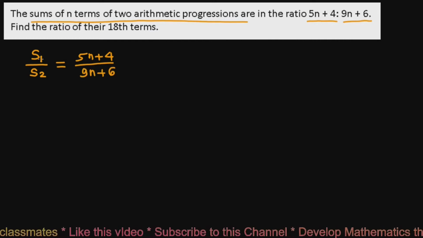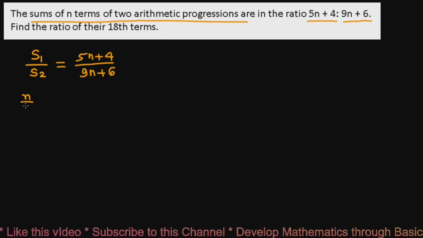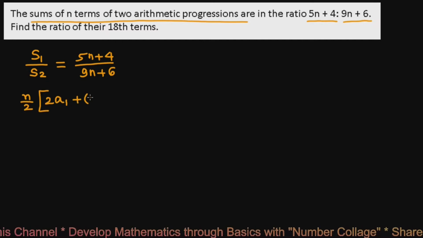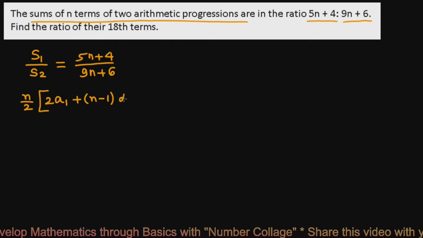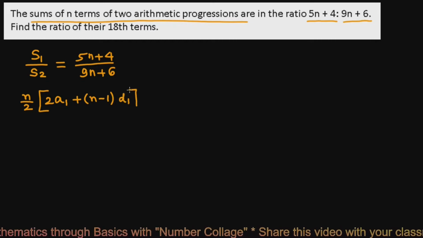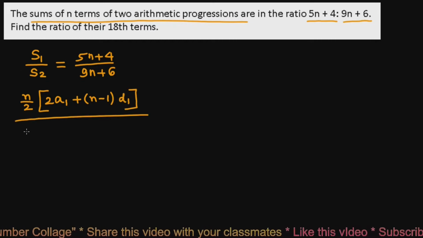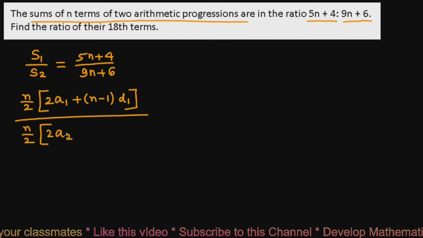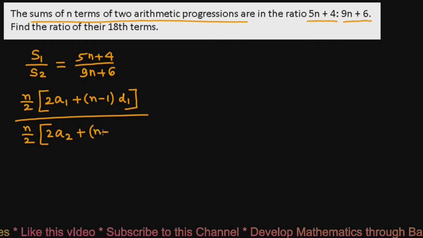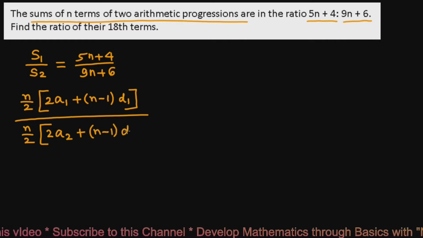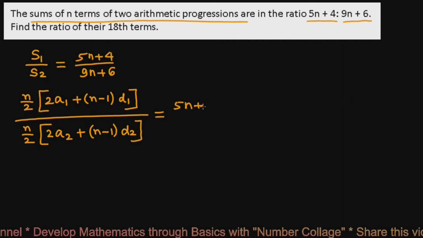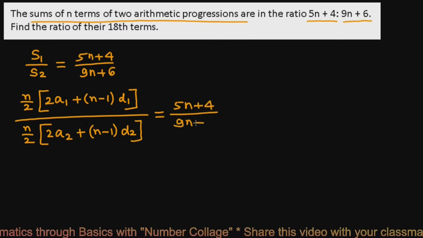Now we write S1 as n by 2 into (2a1, its first term, plus (n minus 1) into d1, its common difference), upon, for S2 we write n by 2 into (2a2, its first term, plus (n minus 1) into d2, its common difference), which equals 5n plus 4 upon 9n plus 6.